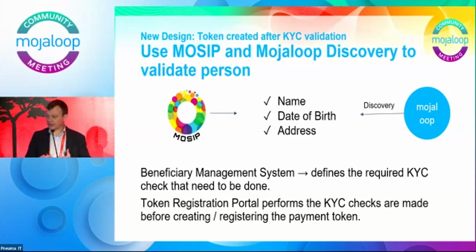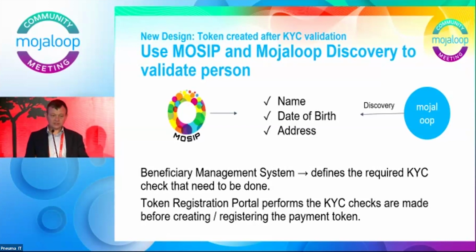That level of matching depends on the scheme and the data that's available to be matched, and also on the implementation of MOSIP and how much data is available. But it should be configured per beneficiary system connecting to the system. So the beneficiary decides on the level of matching they need for the tokens that need to be generated.